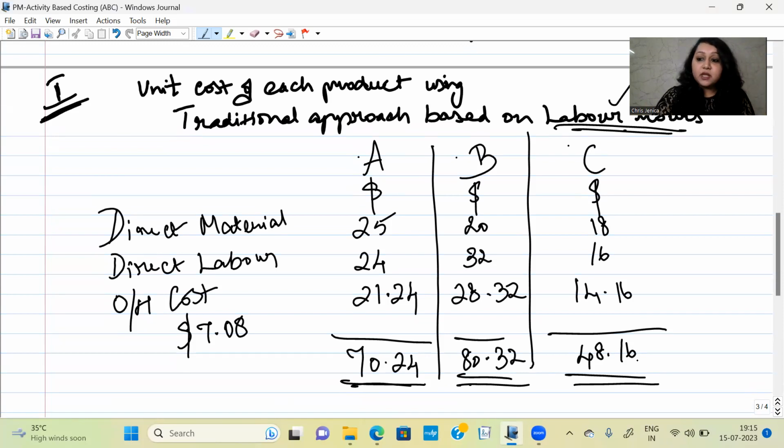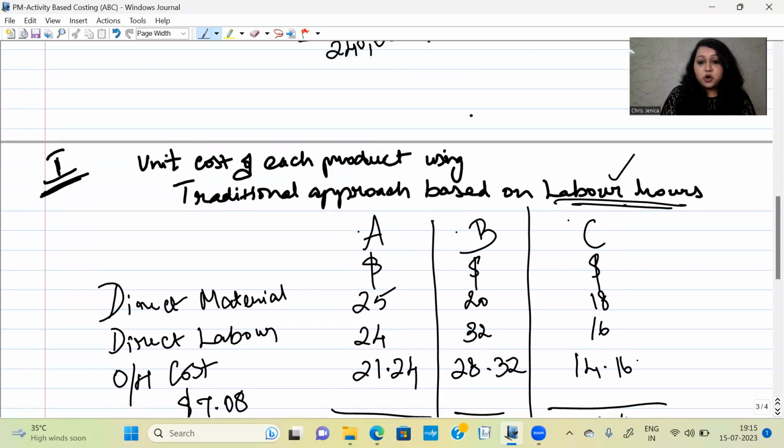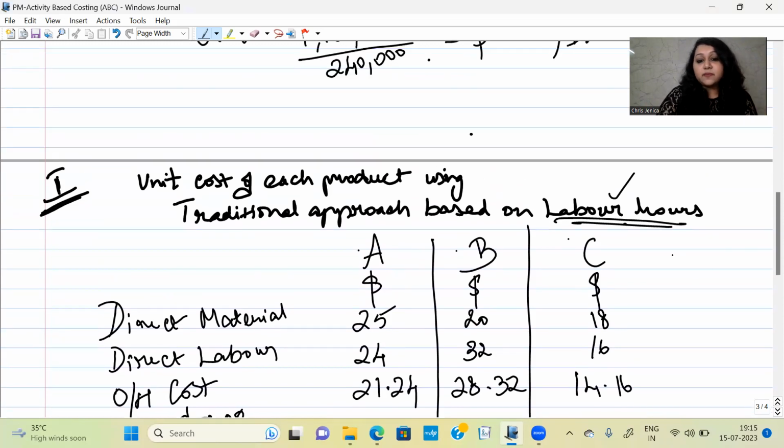Now, this was the unit cost of each product based on the traditional approach, that is the absorption costing method. So we have taken our overhead absorption basis as labor hours, and we calculated our overhead absorption rate as a single overhead absorption rate, and then we absorbed our overheads into all 3 products A, B, and C based on the OAR, right?